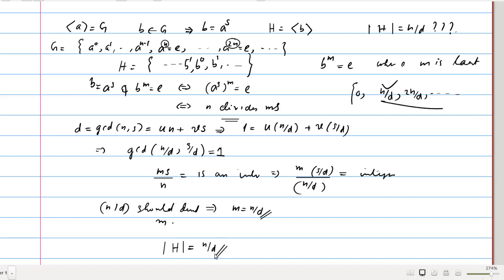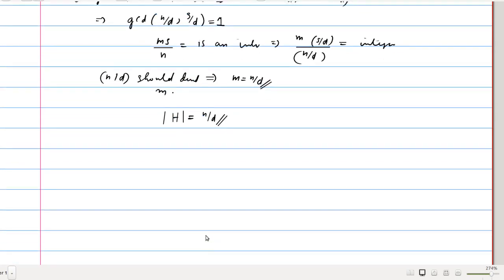Okay, this proves the first part. For the second part we can take the group Zn itself, because every finite cyclic group is isomorphic to Zn. So we start with Zn. We need to prove this result only for Zn.